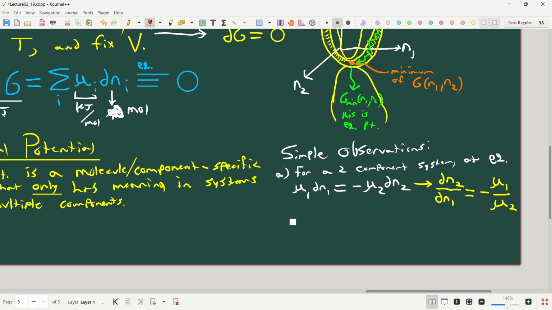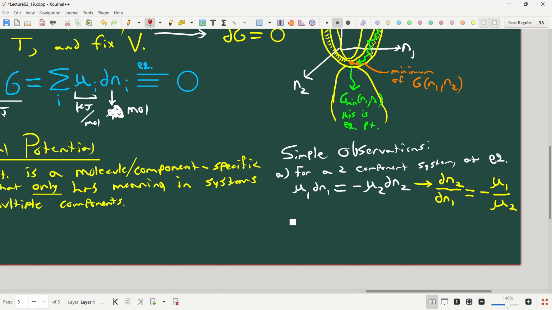The system has more energetic benefit to remove 1 to make 2. It prefers to make 2 because 2, as we'll see, is more stable than molecule 1, and naturally the system wants to go to something as stable as possible. So the chemical potentials tell you a little bit about how that tracks.